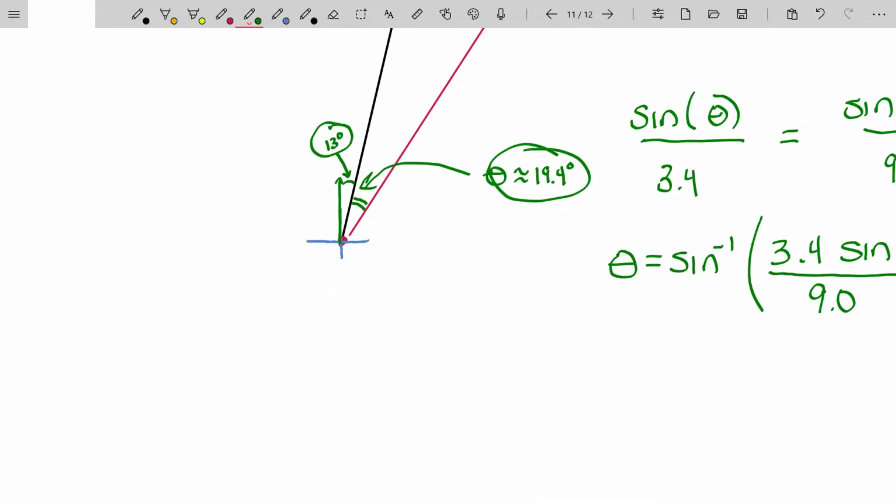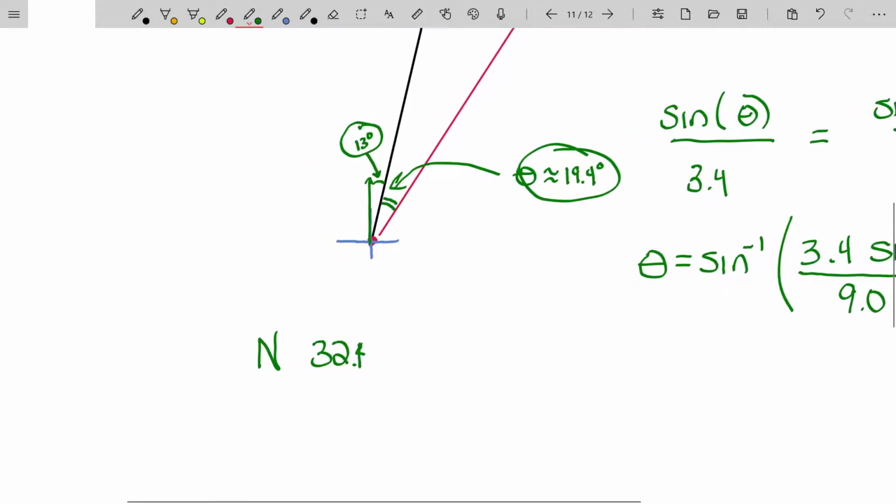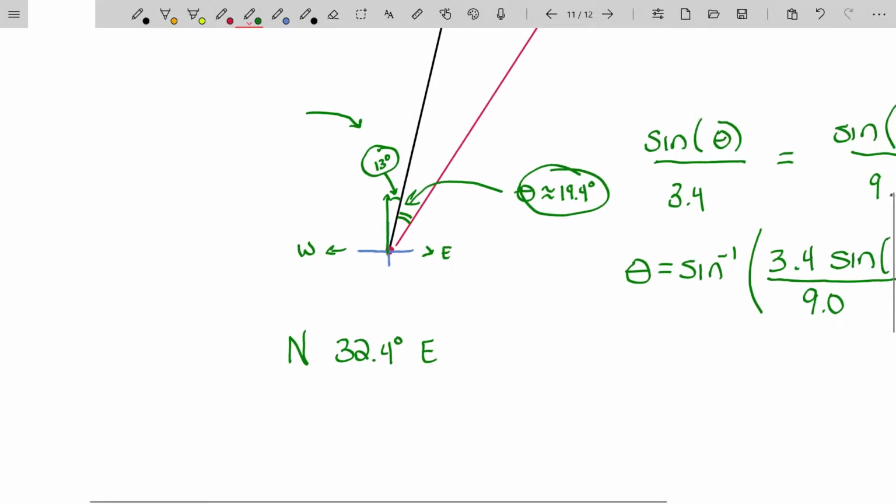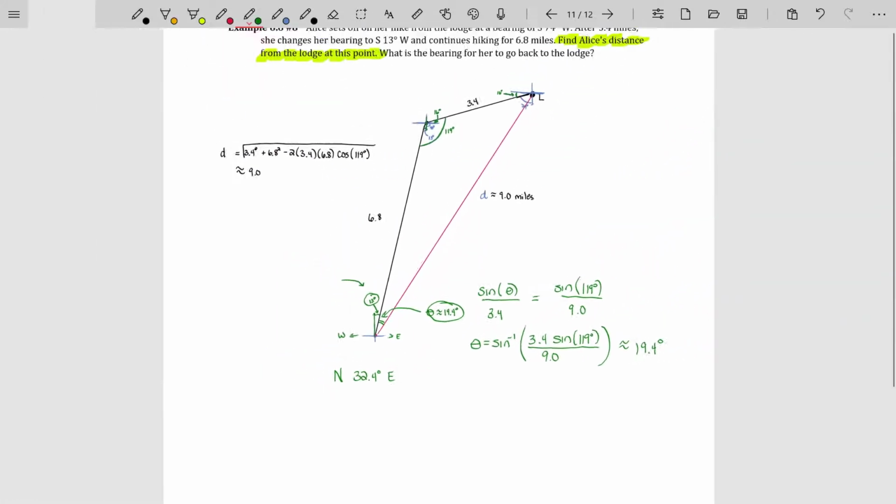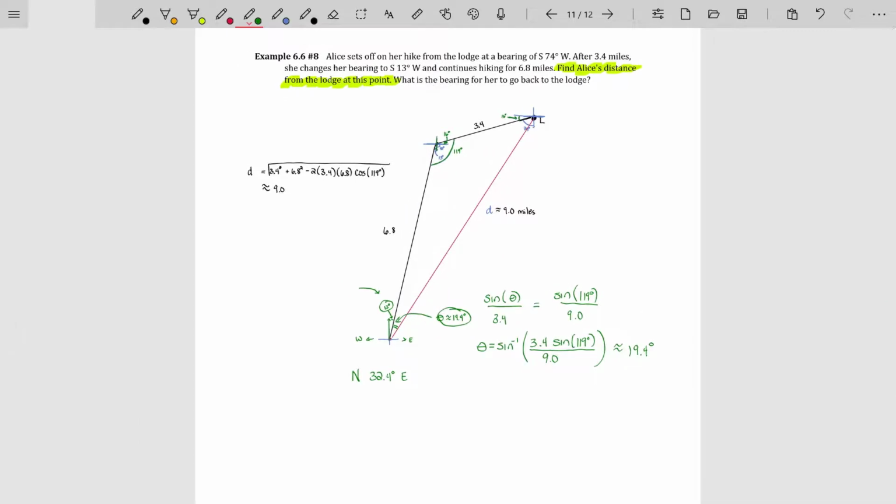So she'll face north and turn by 32.4 degrees eastward. East is clockwise there. This is east, that is west. So let me just double check. Yes. North by 32.4 degrees east is her bearing to go back to the lodge.